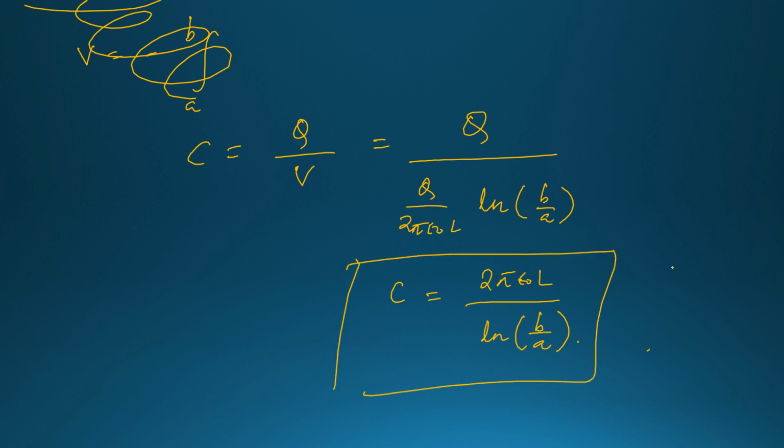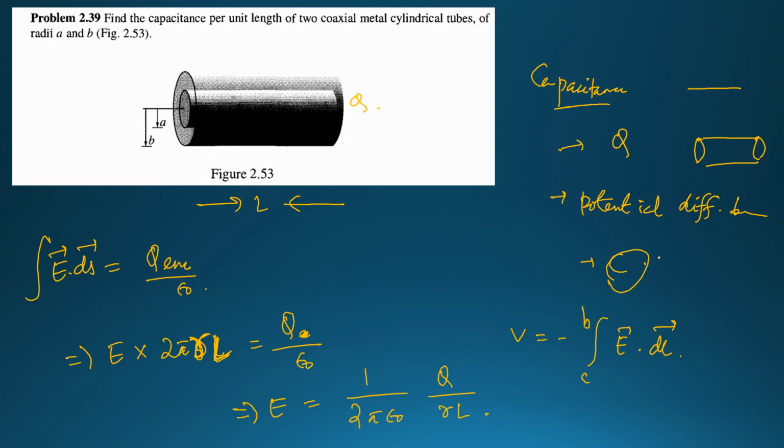That is the capacitance formula for a cylindrical surface, like concentric cylinders. What is the question?